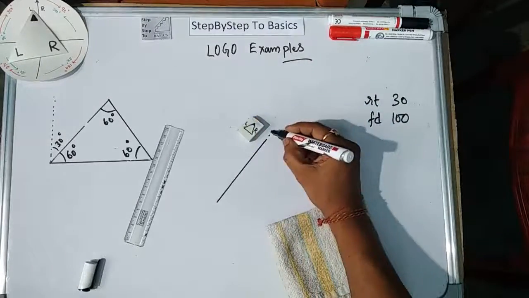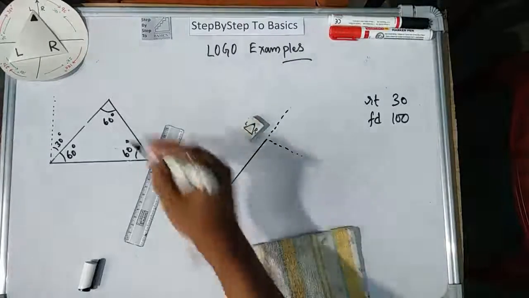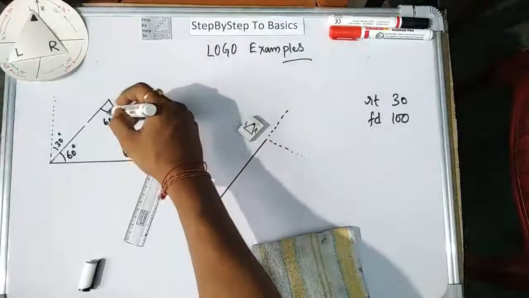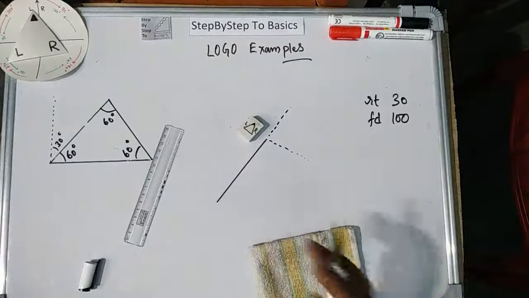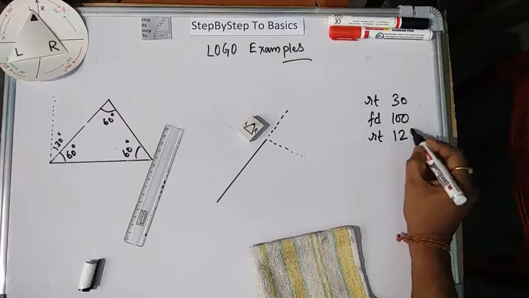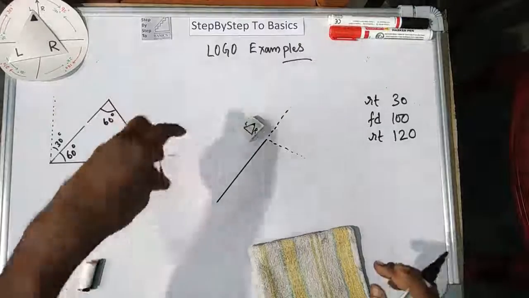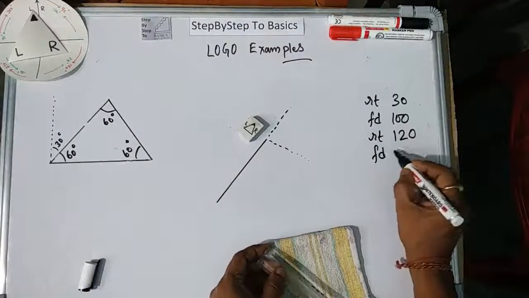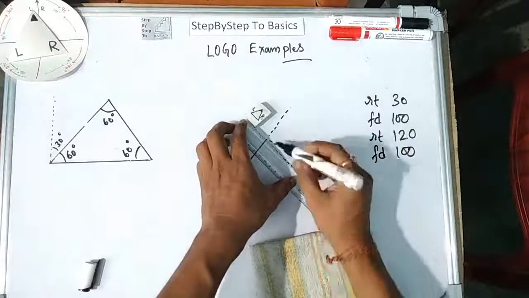Now if I continue this line, this will be my 90 degree, but you can see I need to make an internal angle of 60 degree. So same as in the previous example I have given, you have to write RT 120 degree, the exterior angle. Then FD 100. So then it will turn like this.